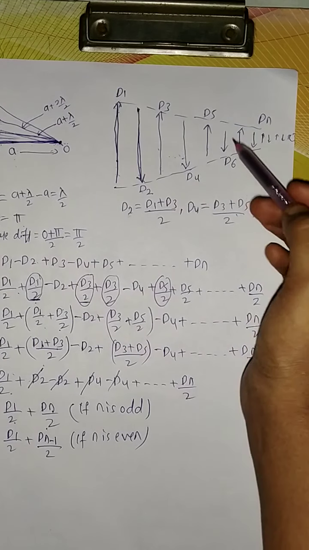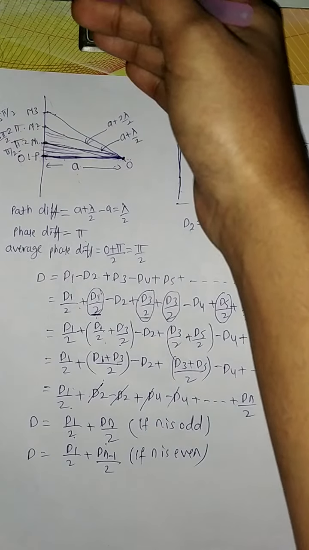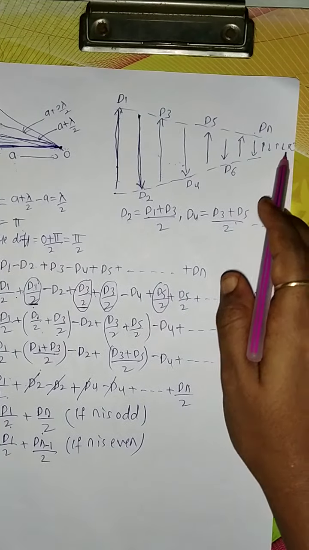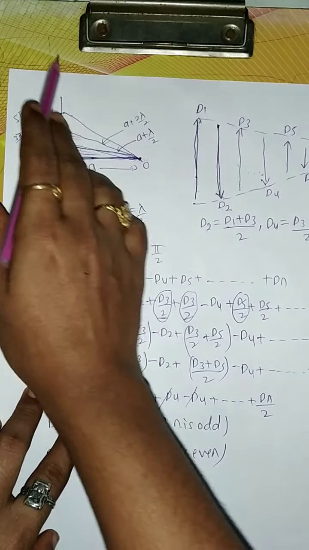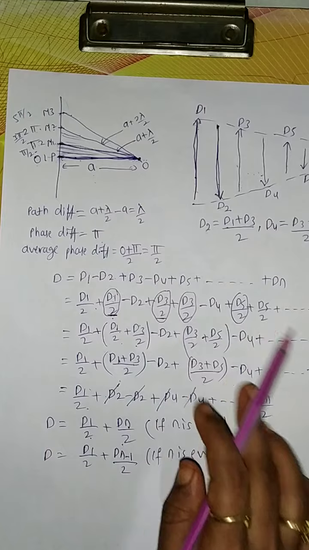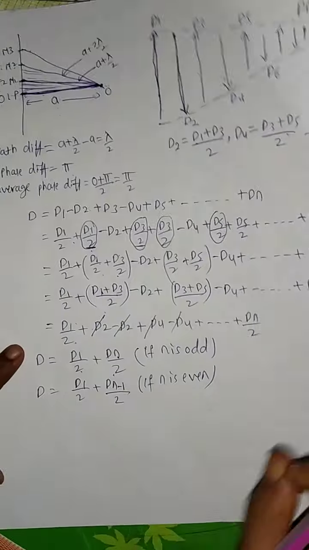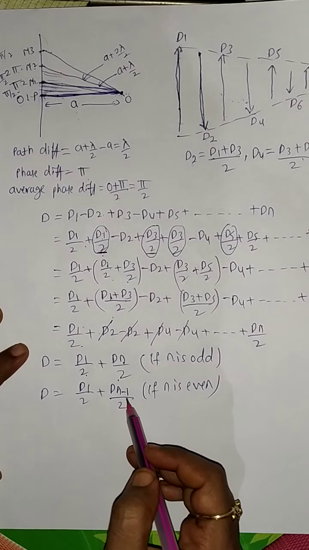Understanding? So when n is at a very large distance, the amplitude due to the nth zone, when light reaches point O, doesn't have any brightness, isn't it? So that's why the amplitude will be 0. Means the dn by 2 term we can neglect.